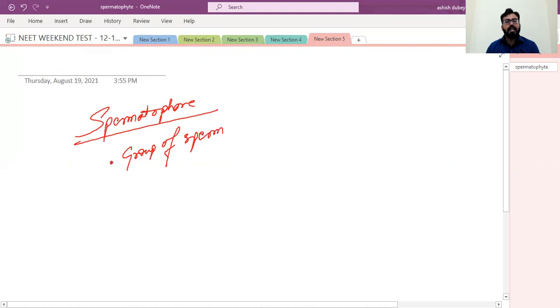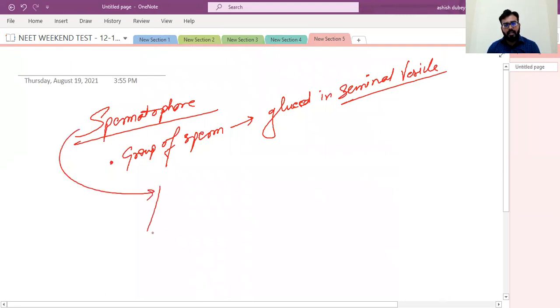That group is made in the seminal vesicle. So spermatophore is having 3 layers: the inner, the middle one, and the outer.